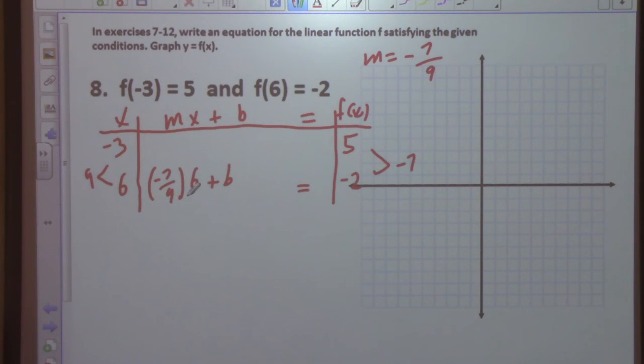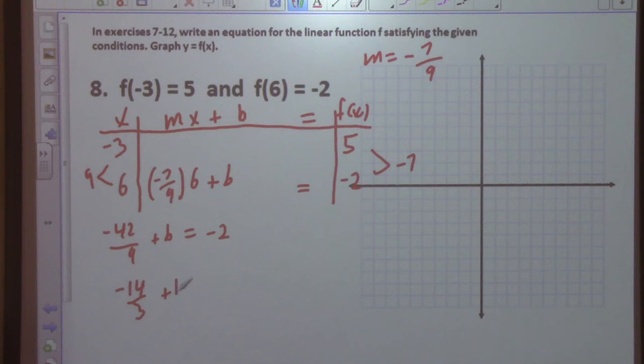And what's negative 7 times 6? Negative 42, ninths, plus b is equal to negative 2. But can we simplify this? Yes. Negative 14 thirds, right?